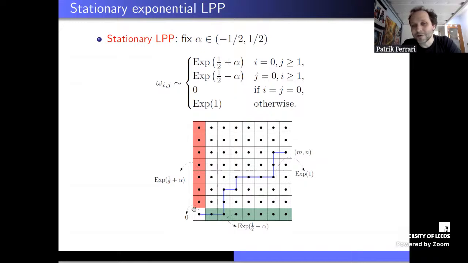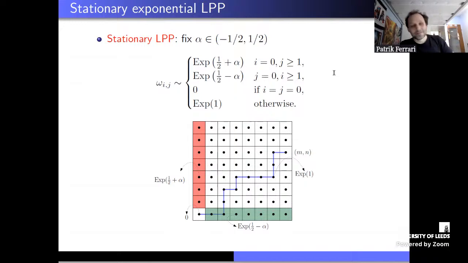You add a column and a row here. At i equal to j equal to 0, the random variable is 0. Otherwise, you add random variables which are exponentially distributed with parameter 1/2 minus alpha here, and 1/2 plus alpha here. Then this is the so-called stationary last passage percolation.